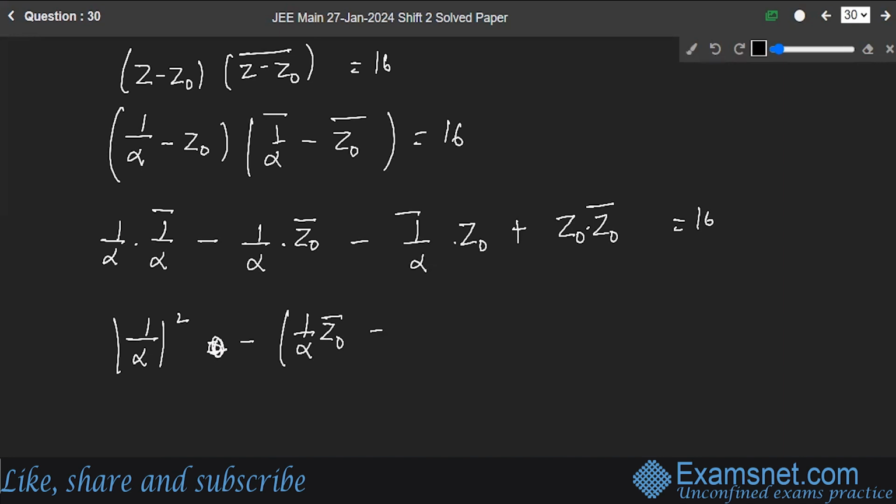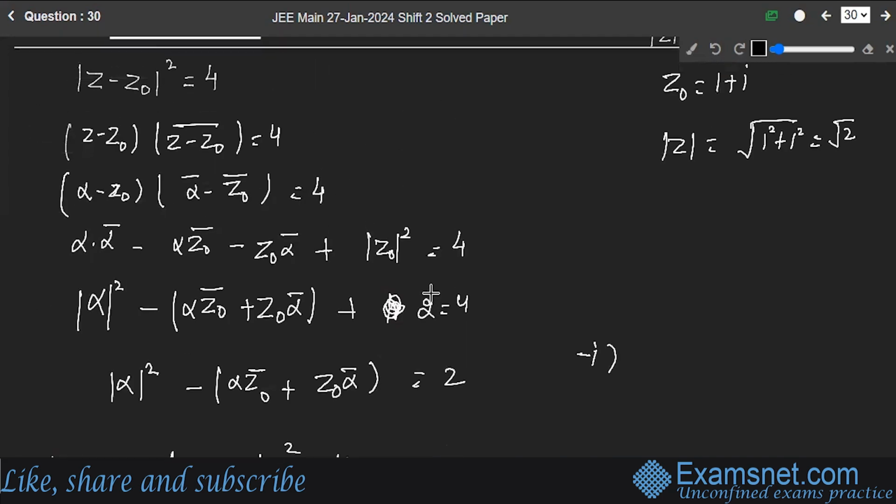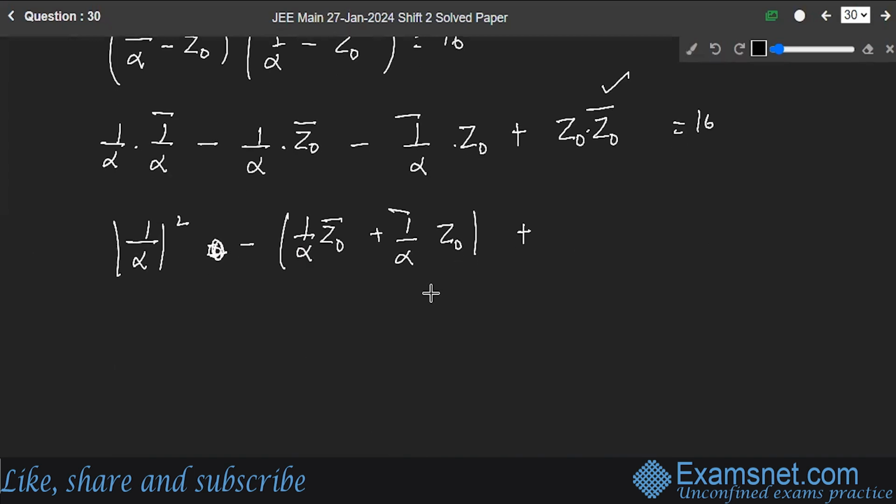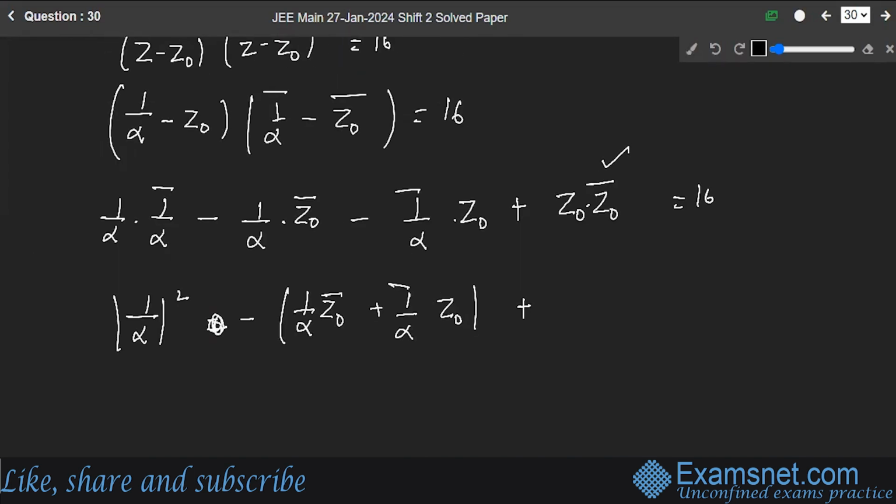this plus this, and this we already solved, right? This will be z naught modulus square, which is 2. This is equal to 16.